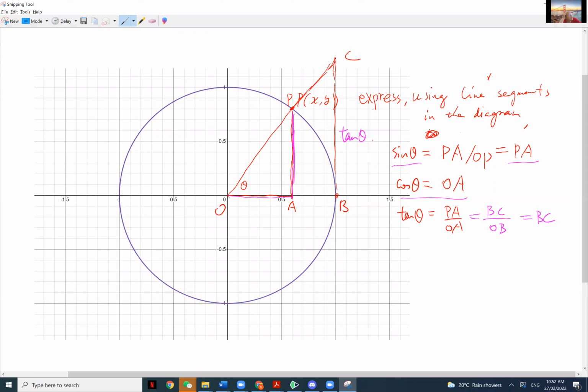Understand that BC is just tan theta? BC is just tan theta, if theta is an acute angle.